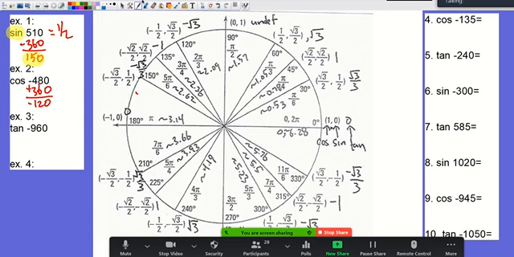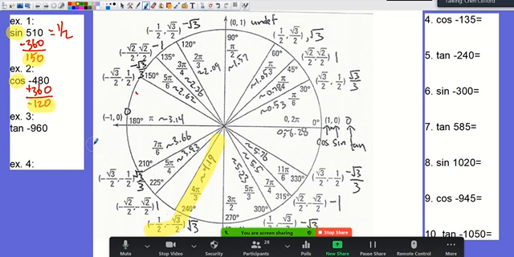And cosine of negative 120, remember, going in the opposite direction, so this is negative 90, and this is negative 120 because you go 30 degrees extra. So we are essentially looking at this piece right here.